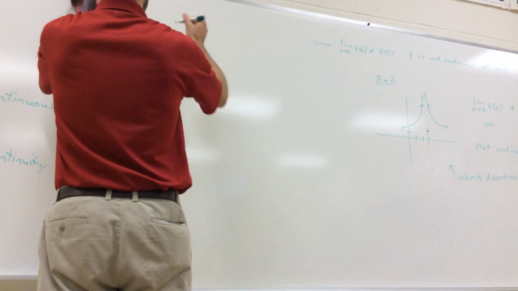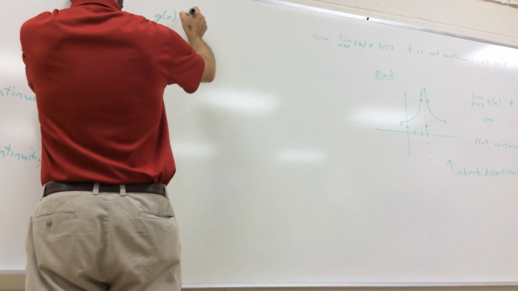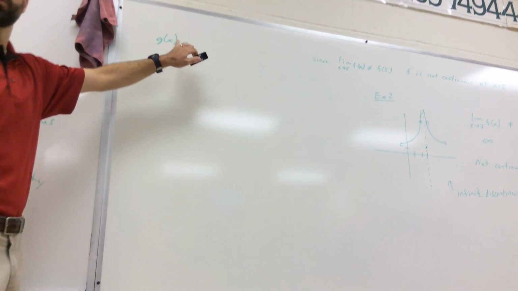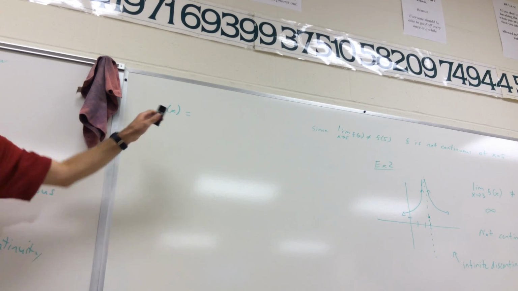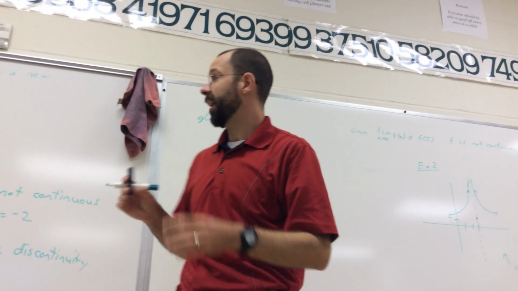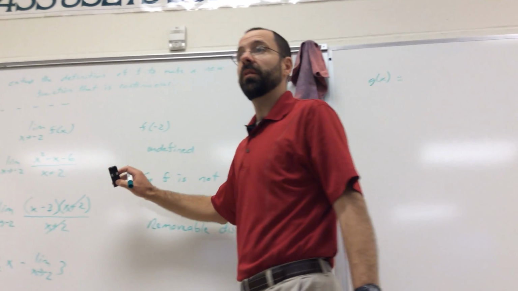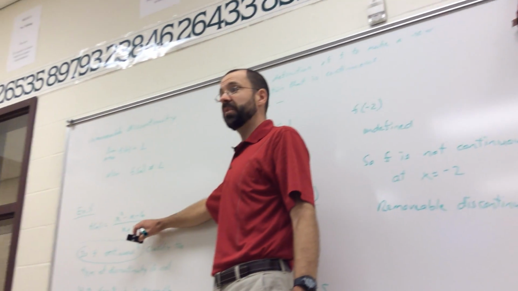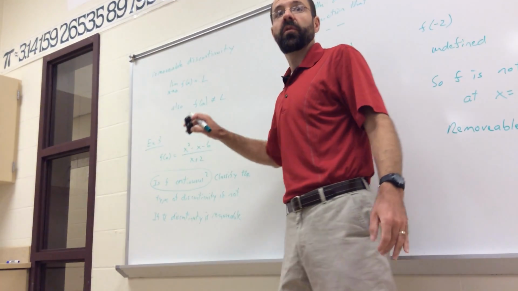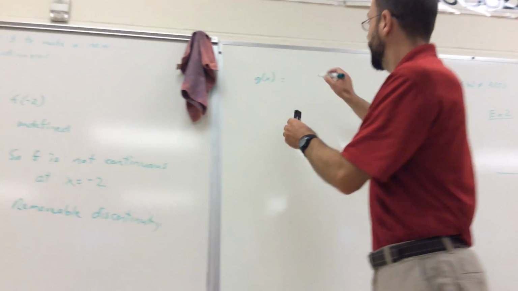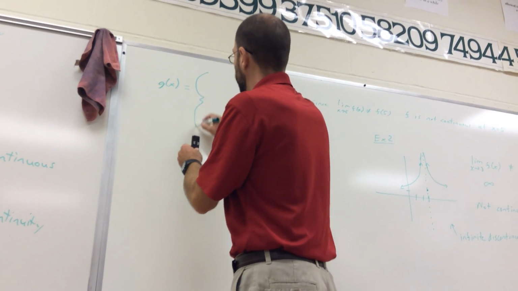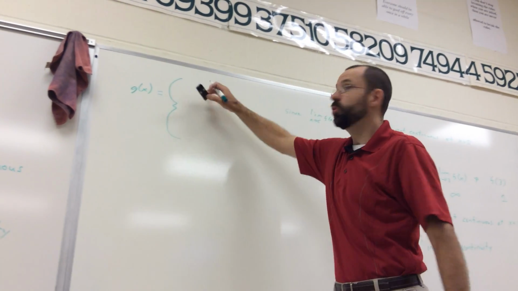I guess I'll call my new function g of x. And f of x is continuous at most places. So I'm going to keep this function for my new function most of the time. Okay, so my g of x is going to be a piecewise function.